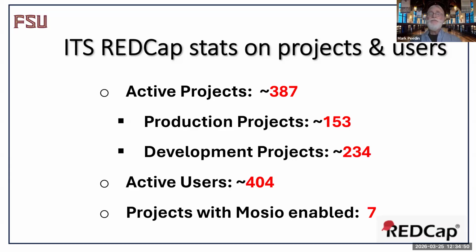About 153 of them are in production, and the balance of 234 are in development with great ideas and strategies. We have approximately 404 active users at this moment, and happy to say that we have added yet another Mosio project for a total of 7.